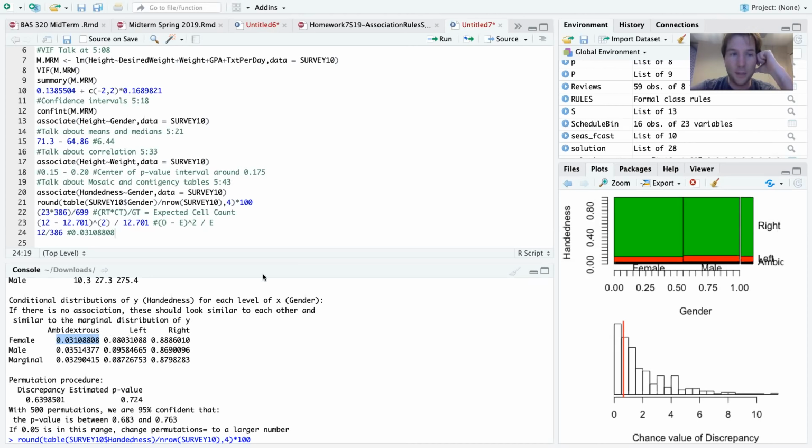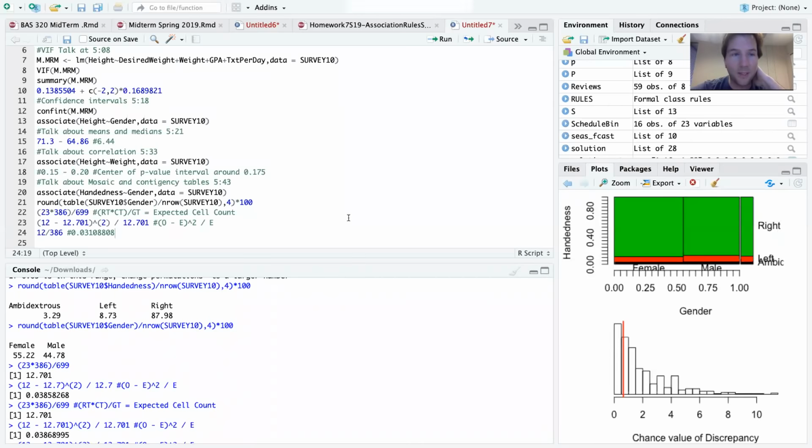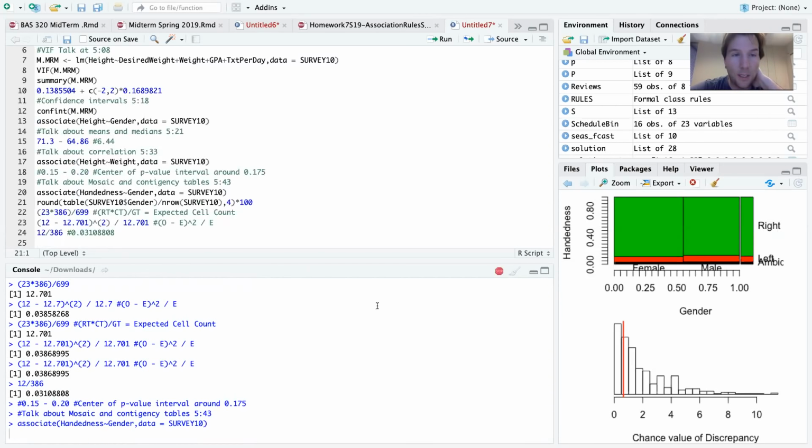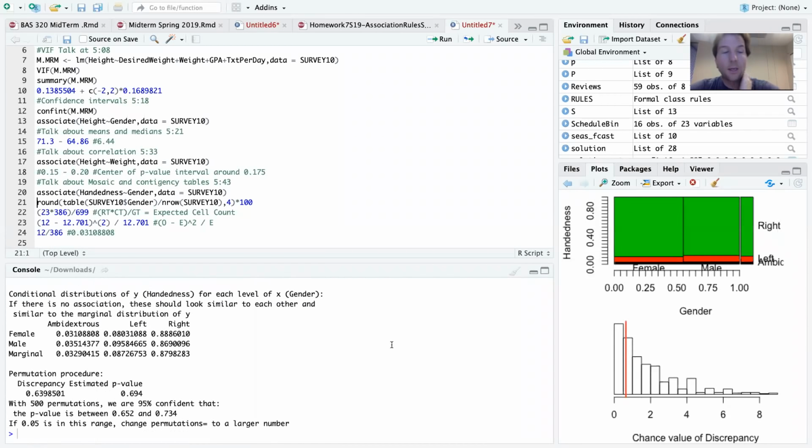Let's run the output. Keep asking those questions if you have them. Let's take a look at our output and figure out, is the relationship between gender and handedness statistically significant?